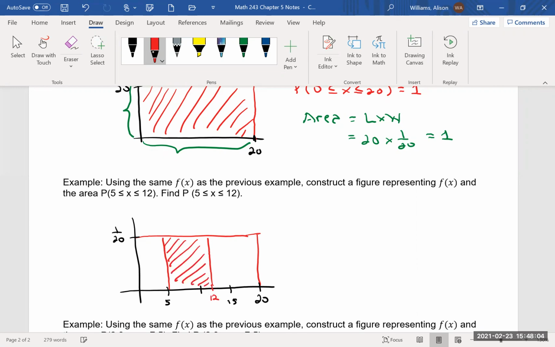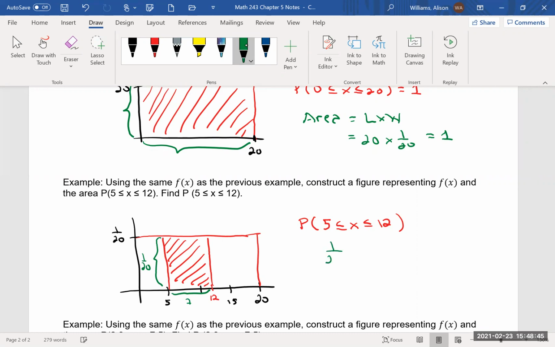So this represents the area, or the probability, between the values 5 and 12 for this probability experiment. Now they want us to find this actual area. We talked about how you do area of a rectangle: you multiply length times width. In this case, the height is still 1 over 20 because it's still this height based on how tall the rectangle is. But down here, this would be 7, because the difference between 5 and 12 is 7.